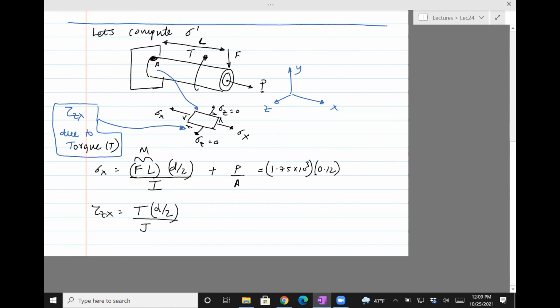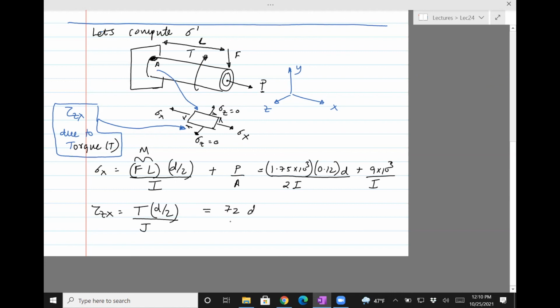Diameter is unknown, so I'll keep it as it is. It's d divided by 2 times I. Plus P is known, it's 9 kilonewtons, so 9 times 10 raised to 3 divided by A. And then the torque T is given to us, it's 72.